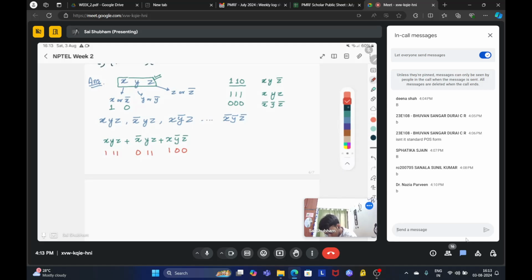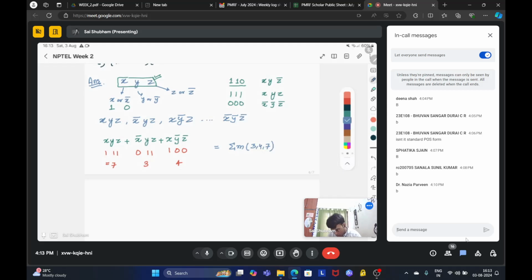So this is equivalent to 7, this is equivalent to 3, this is equivalent to 4. So the min term representation is 3, 4, 7.